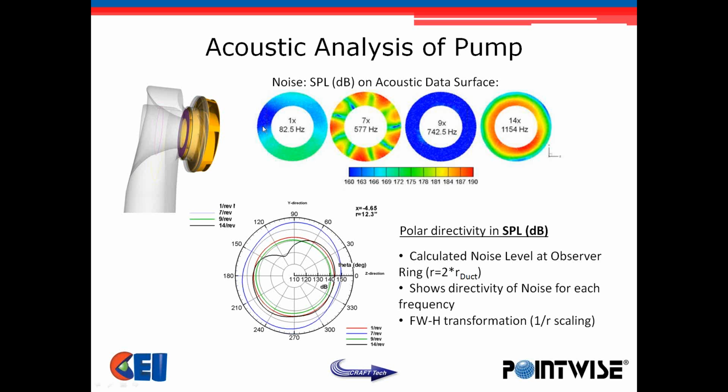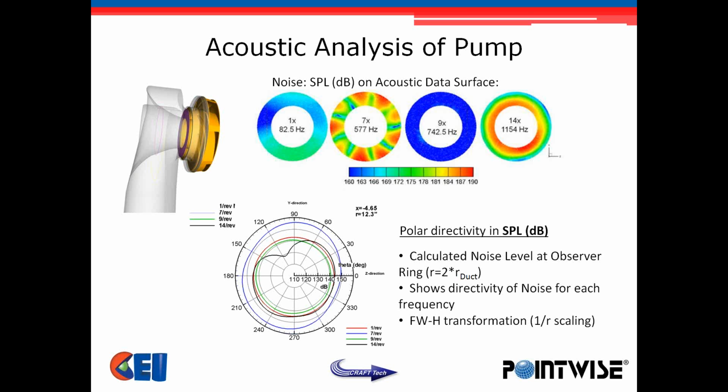On that acoustic data surface, we're showing the sound pressure level contours for each of the fundamental frequencies that we were looking at. And as you can see, on that surface we don't see a large contribution from the diffuser frequency.